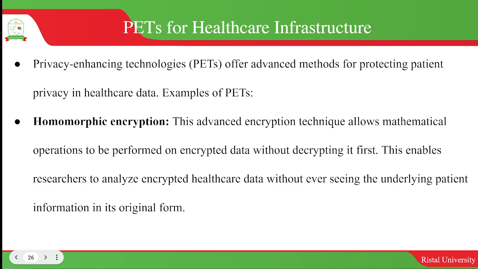You can analyze this encrypted data, but you cannot see the underlying patient information. Okay? So that is one. So you can do whatever research or analysis that you want with this data, but you cannot see the underlying patient information in its original form.